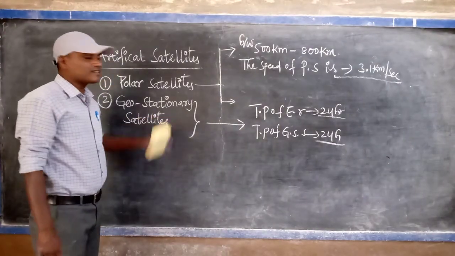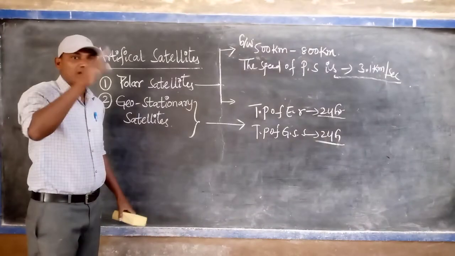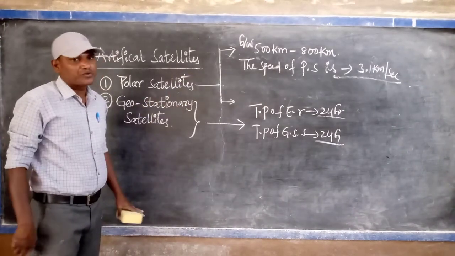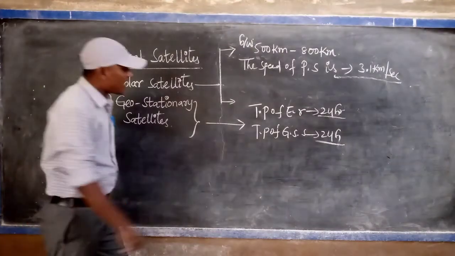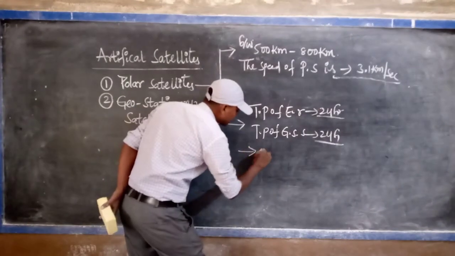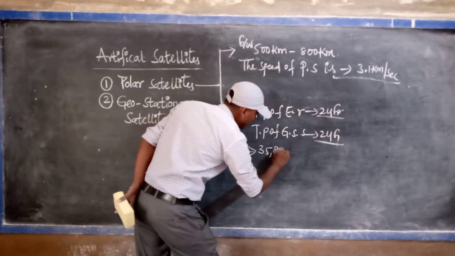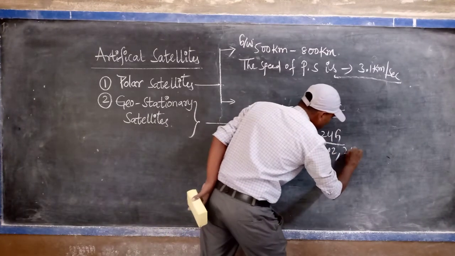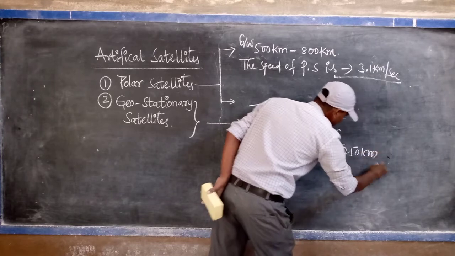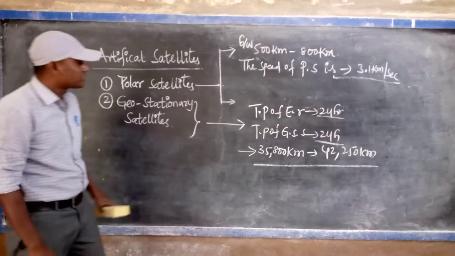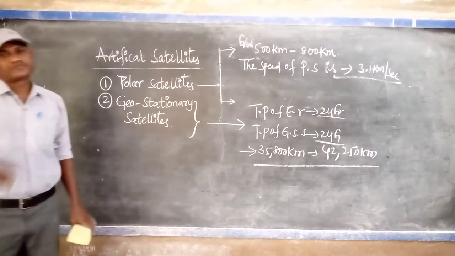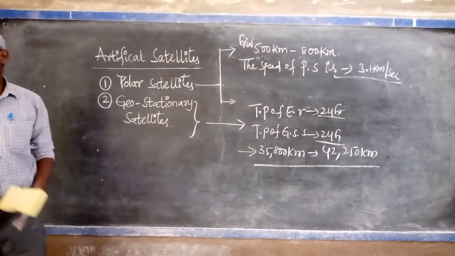They revolve around the earth in a particular orbit parallel to the equatorial line, and their altitude is 35,800 kilometers to 42,250 kilometers. This is the range at which geostationary satellites revolve around the earth in a particular orbit.